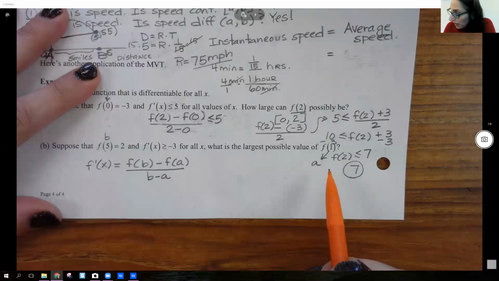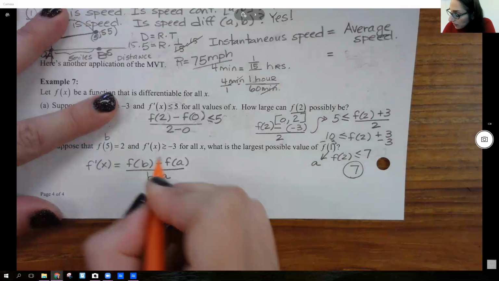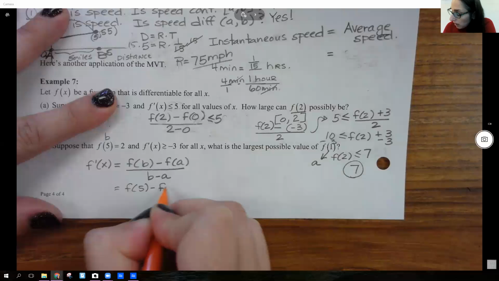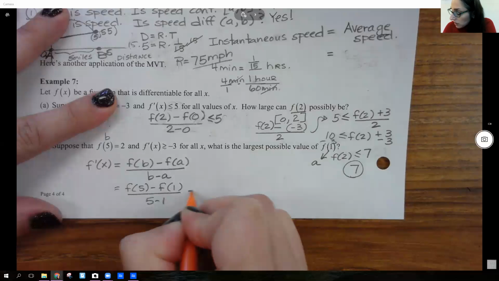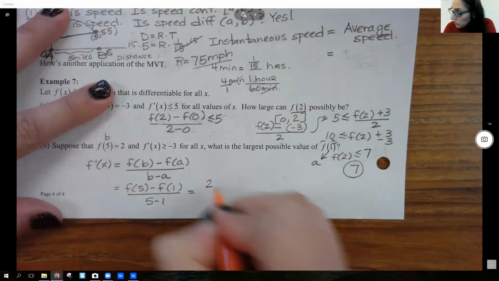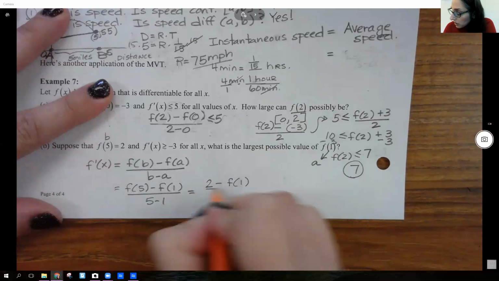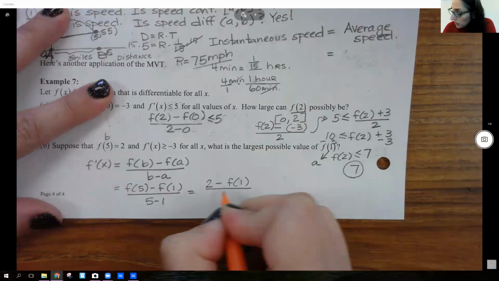So f of 5 minus f of 1 all over 5 minus 1. F of 5 is 2. We don't know what f of 1 is. That's what we're solving for. All over 5 minus 1, which is 4.